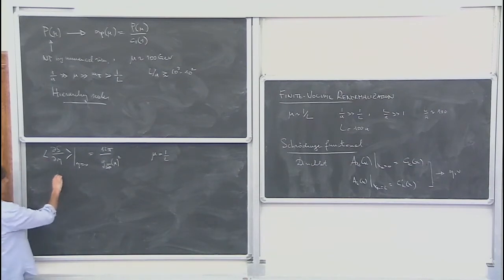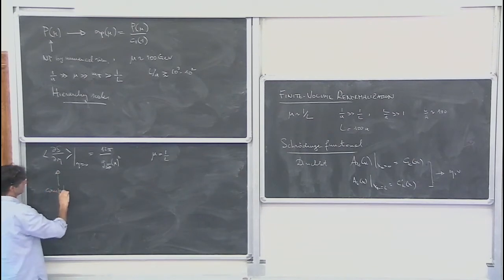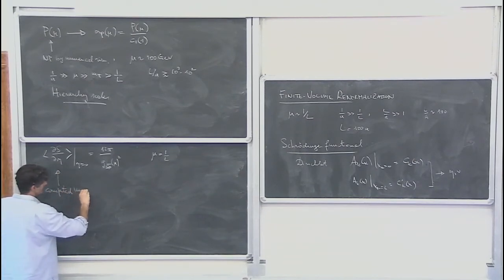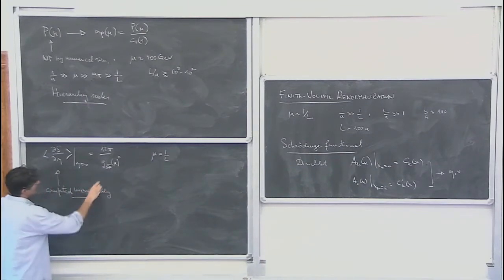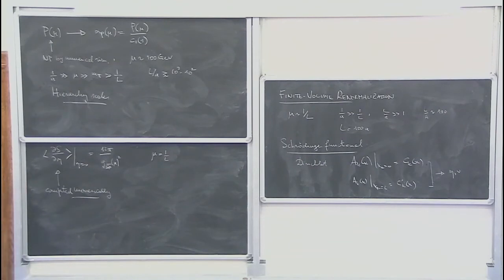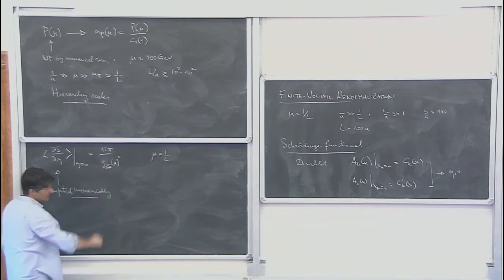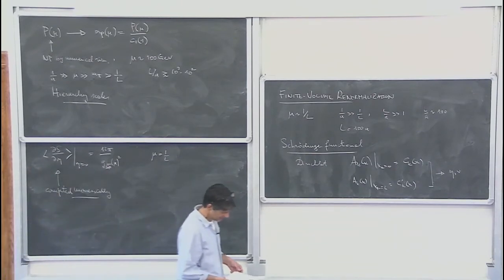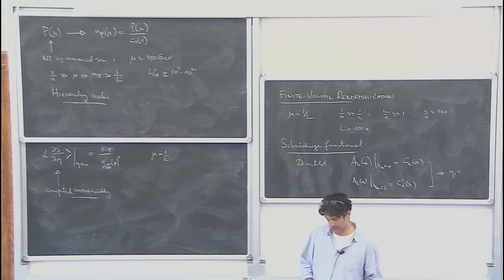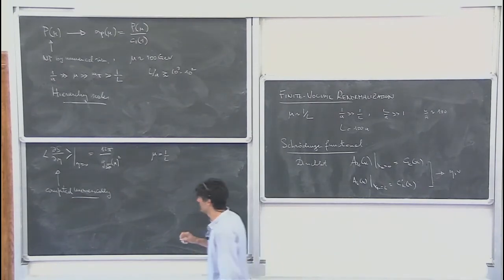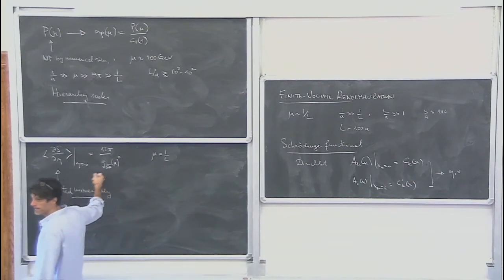So this is computed numerically. And it defines the coupling through this relation. So this is a non-perturbative coupling that you can compute at a scale mu. Okay? And this is the coupling that we want to run.